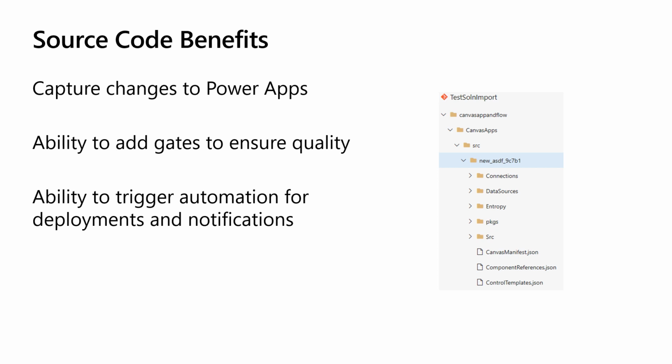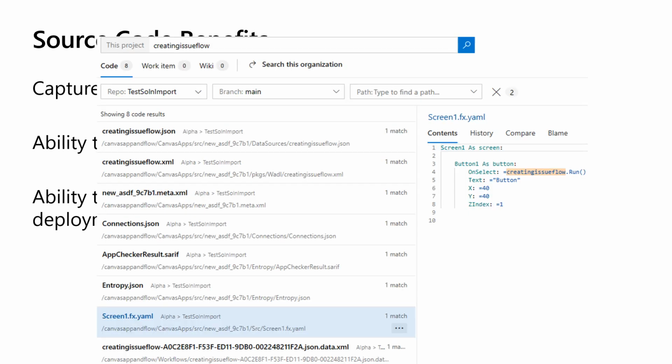Finally, one of the main benefits I see here is that we can see the YAML. We can actually see what's happening there. This button 1 onSelect has a creating issue flow, so we can see that it's tied to a flow, which is fine. We saw that earlier. But look at the top of this picture. We now see the creating issue flow. We were able to search this particular line, like maybe we wanted to find where a flow is and how it is being used across all our apps.